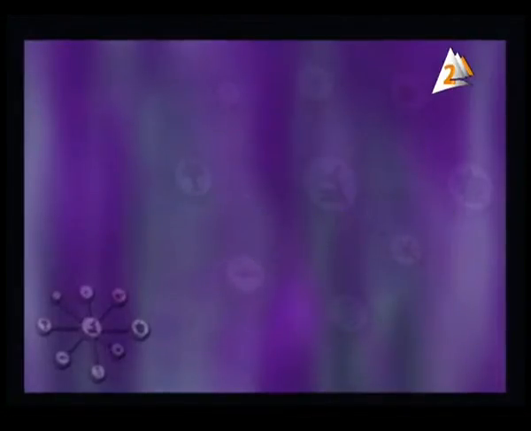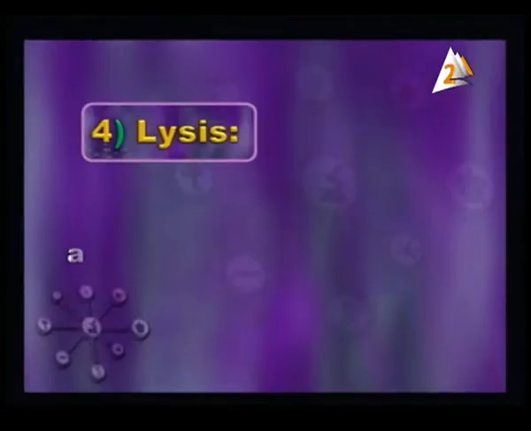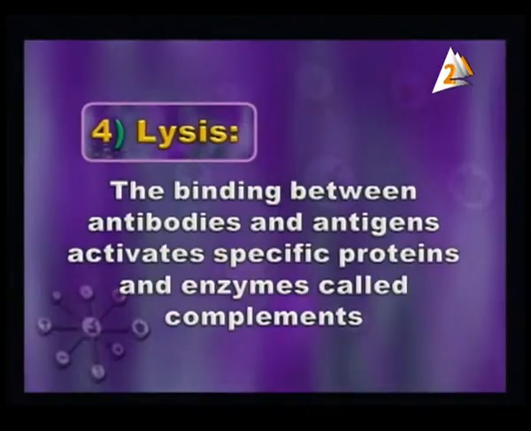The fourth mechanism is lysis. The binding between antibodies and antigens activates specific proteins and enzymes called complement to lyse the coat of antigens and dissolve their contents, which makes them easily engulfed by phagocytes.